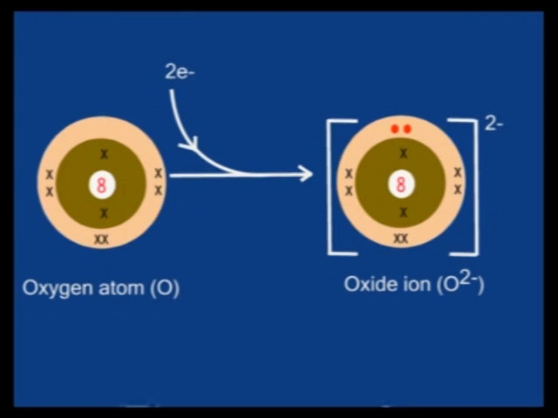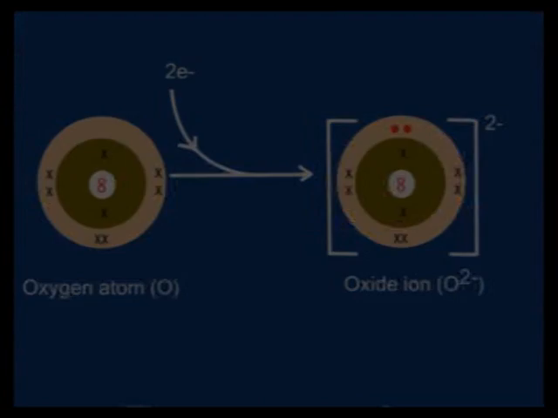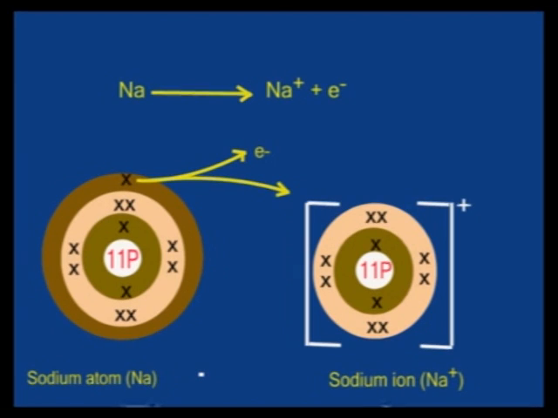Now, the new electrons gained are represented by dots. It's also important you realize that when the incoming electrons join, they occupy the already existing energy level. The transformation that occurred in the gaining and loss of electrons can be represented by the following equations.